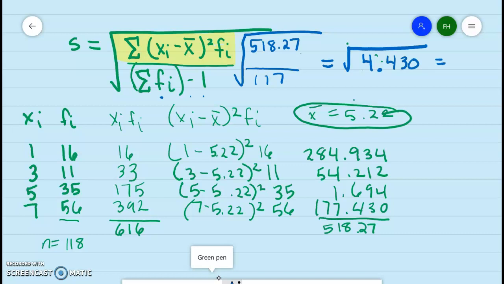And when you take the square root of 4.43, you're going to get a decimal, and if you round that decimal to 3 decimal places, you will get 2.105. I'm going to double check that one time just to make sure. Yes, you get 2.1047, which is going to round up to 2.105. So this is how you calculate the mean and the standard deviation when you have grouped data.